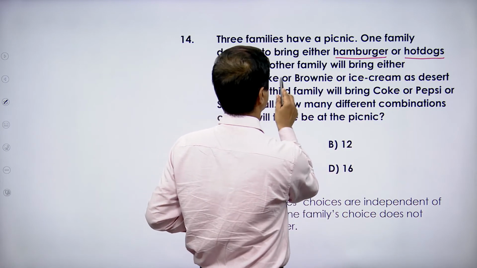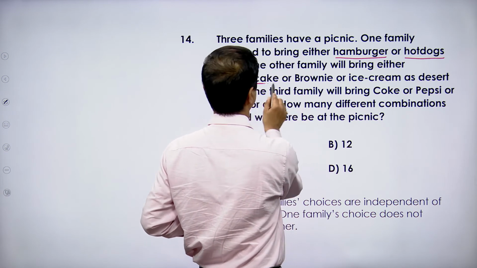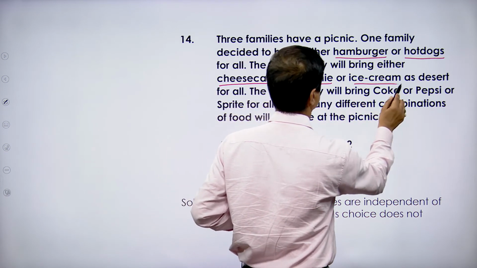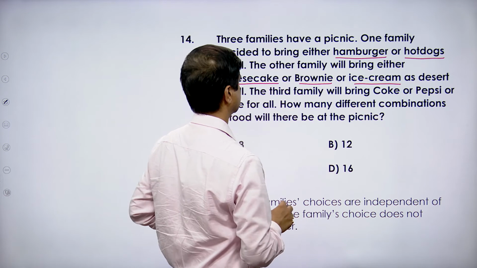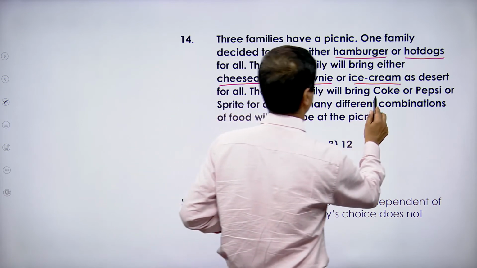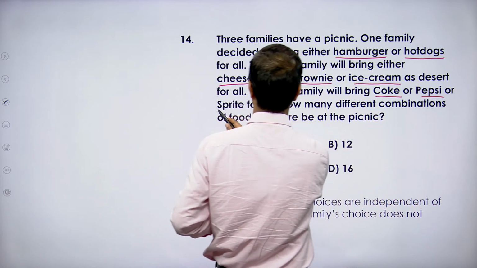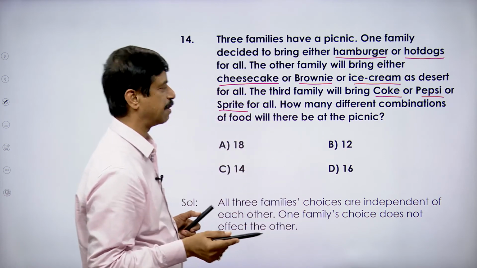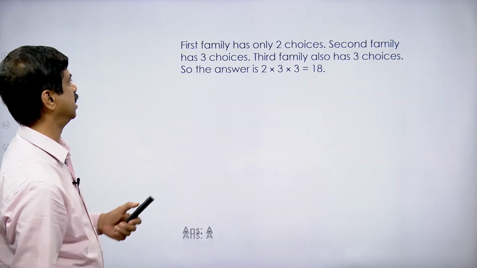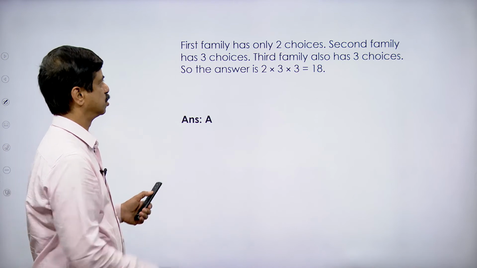Now the second family will have cheesecake or brownie or ice cream as dessert, and the third family have Coke, Pepsi, Sprite. So first family 2, second family 3, and third family also 3 choices you have.